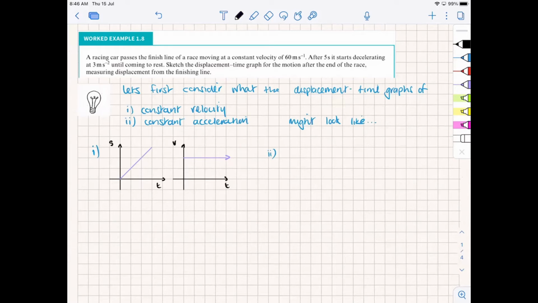And we would be using here the formula S, displacement, equals velocity times time. And this velocity is just our gradient. So that is a function of displacement for constant velocity.